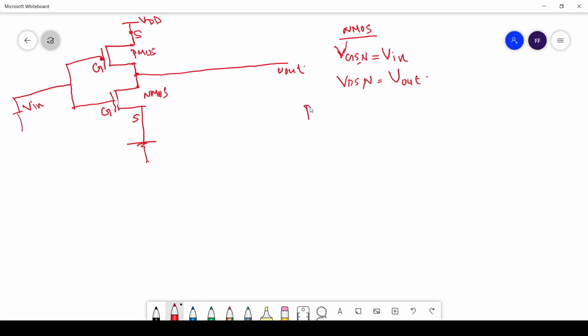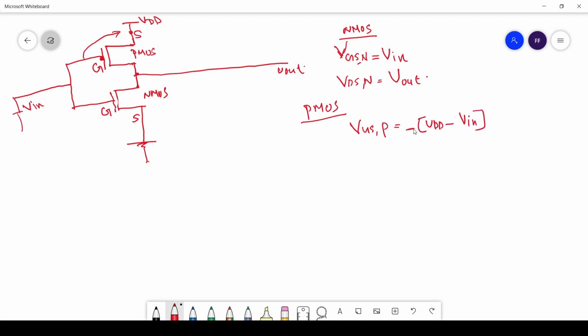Now another thing is for PMOS. For the PMOS circuit, VGS of P is equal to minus of VDD minus V in.